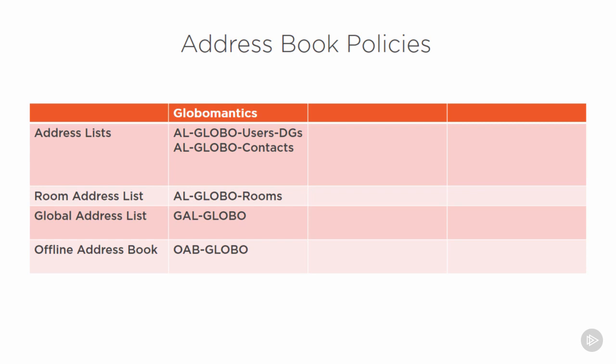Another address list is created to host all the room mailboxes. If there are no room mailboxes in the organization, you still need to create that address list, but it can be empty. A global address list is created for Globomantics, and then an offline address book that contains that GAL and maybe those address lists as well is also created.